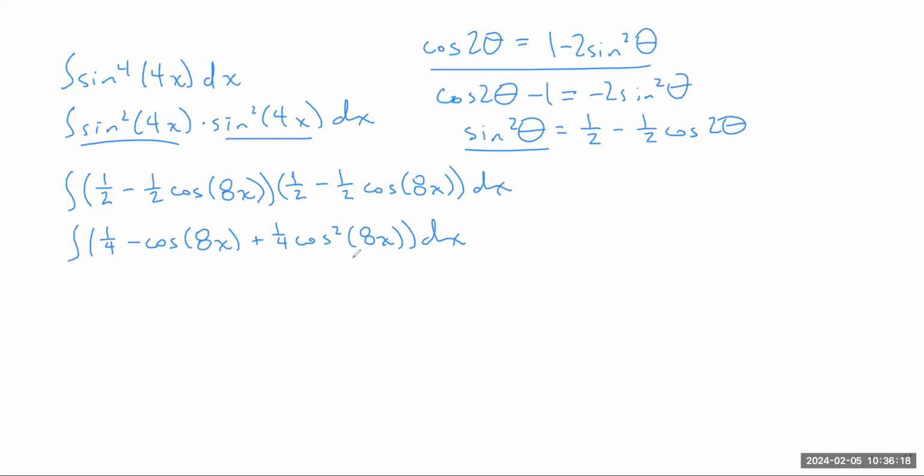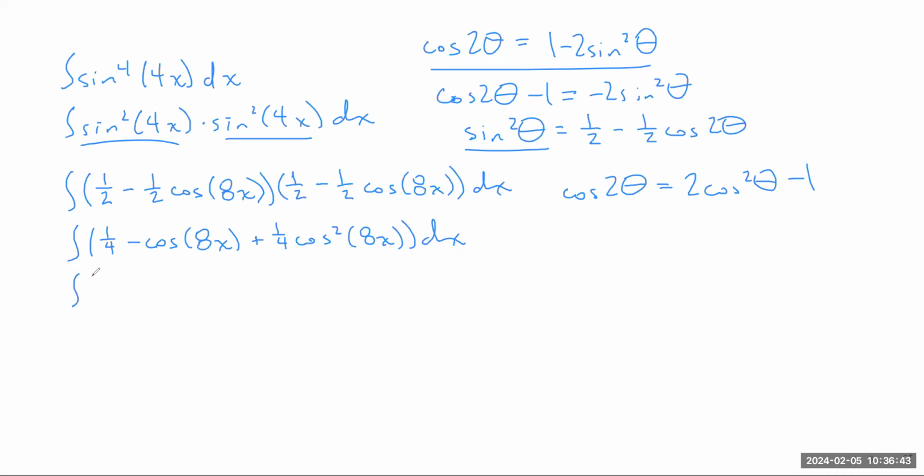All right. So I have 3 terms now. 2 of them I think I could integrate now. But then what has to happen with cosine squared of 8x? You can also do a double angle on the cosine squared. Right, so let's look at another version of this double angle identity. Cosine of 2 theta equals 2 cosine squared of theta minus 1.